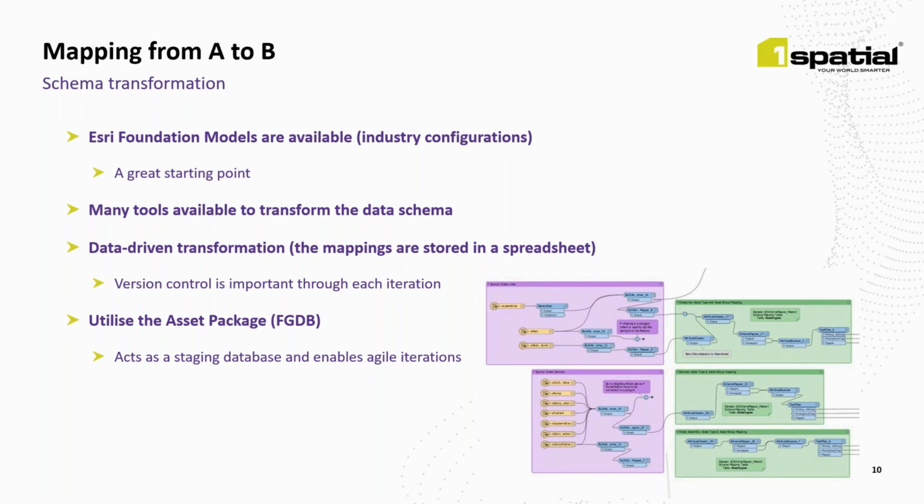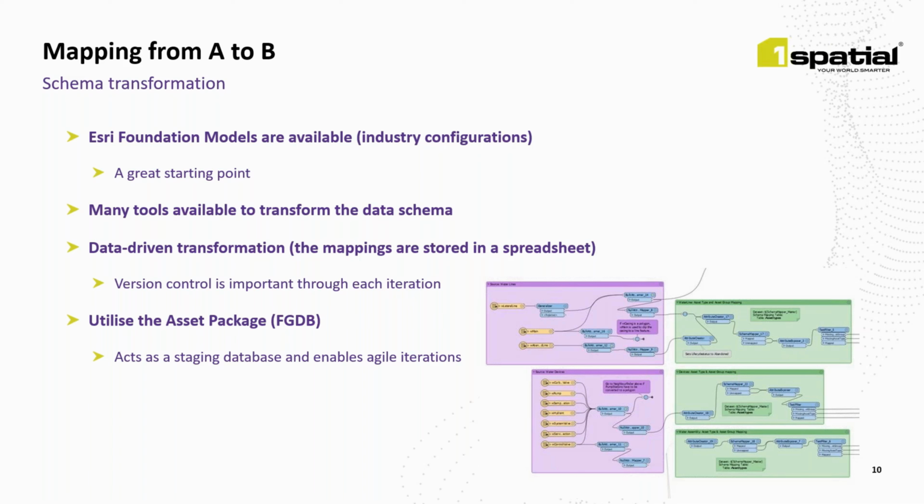This means that those mappings are very human readable, really easy to share. It's a nice way to collaborate across teams as you run workshops, for example, to design that model as a group, and also very easy to version control and keep track of your mappings between each iteration.